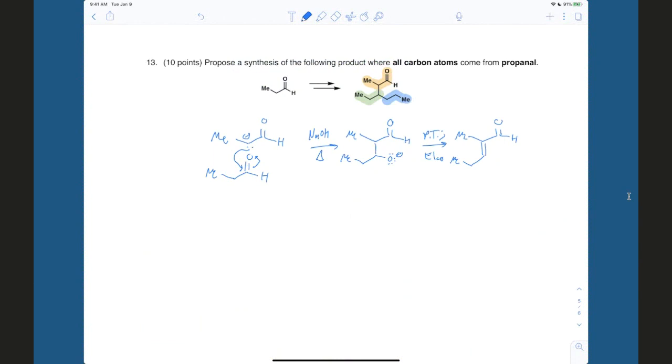If you were to do this cold, you would end up making the alcohol. So if we did this NaOH cold, we would not get that added elimination. But we're going to see why we probably want to have this carbon-carbon double bond in order to do this last step.